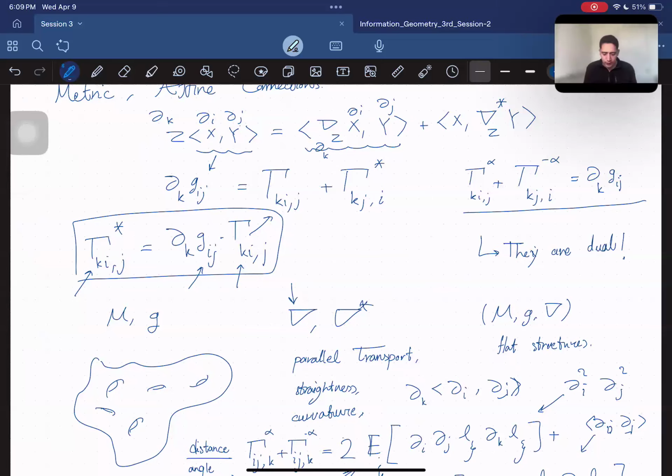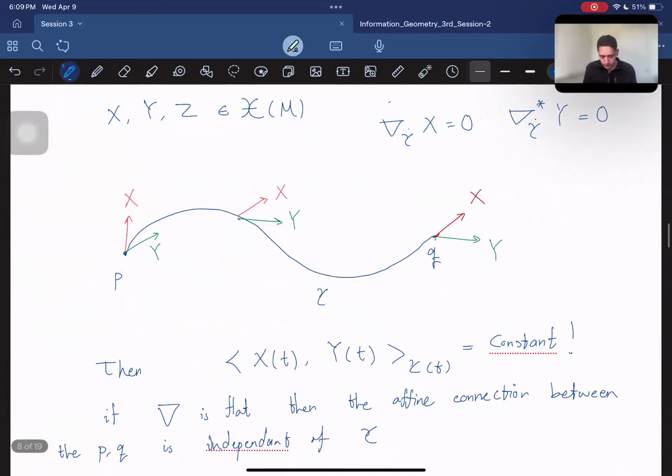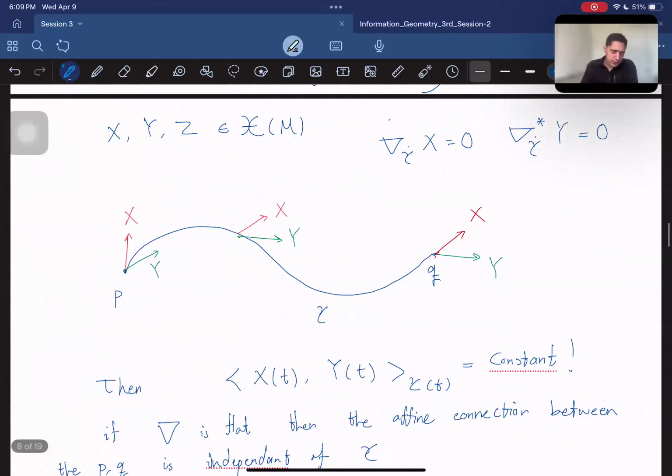In the particular case, we had one which was theta_i, the flat coordinate system, and the dual of this is nothing but the -1 connection with another coordinate system eta_j. So now we can go ahead and talk about information geometry.